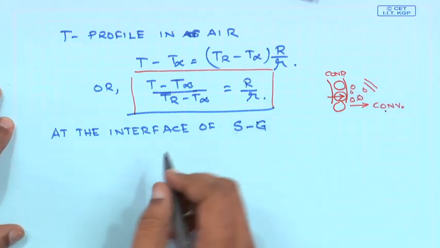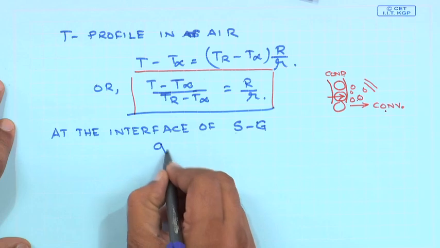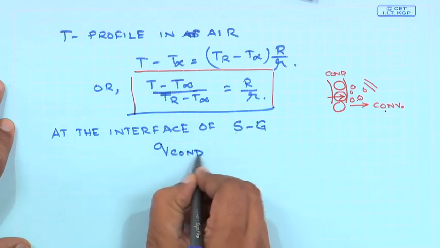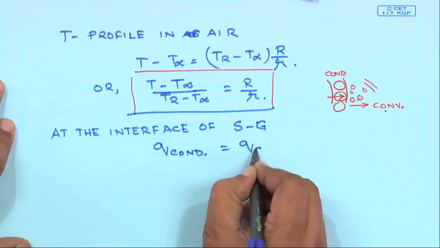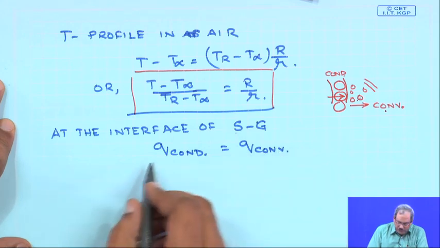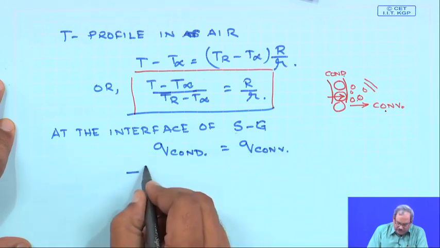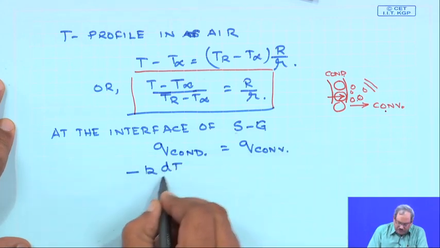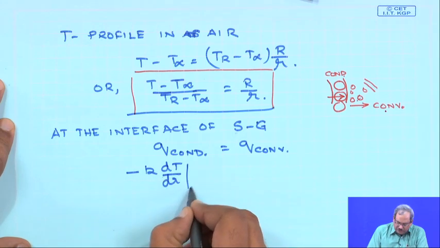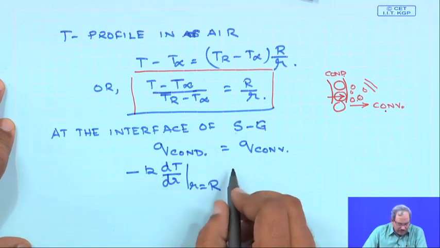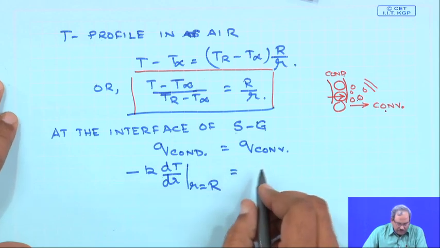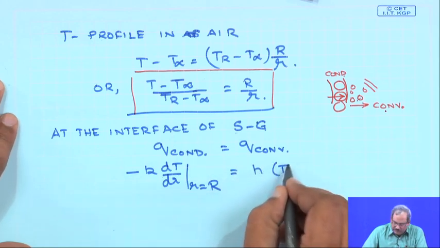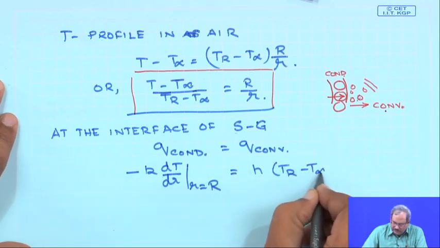So, I am simply going to write that at the interface Q conduction is equal to Q convection. What is the expression for Q conduction? By Fourier's law, it is going to be minus k dT/dr at small r equal to capital R, and the convection is simply h times (T_R minus T infinity).